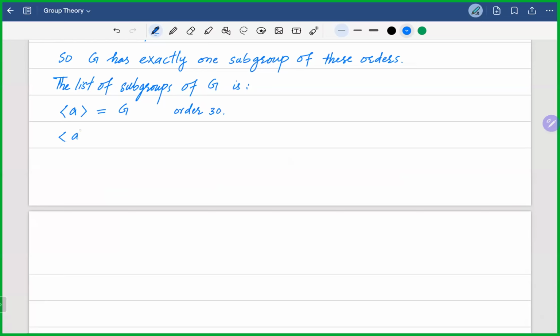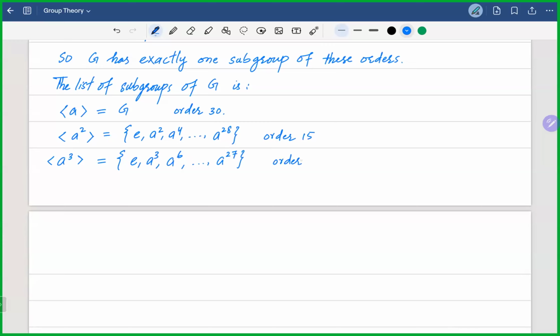Second, you can write something like A square, which will have elements E, A square, A power 4, up to A power 28. This is order 15. Then you can write A cube, and that is E, A cube, A power 6, up to A power 27. This is order 10.